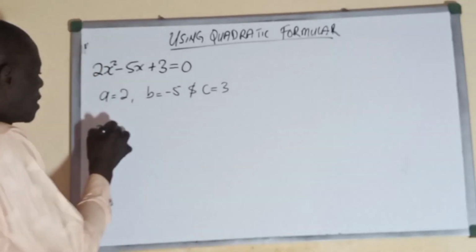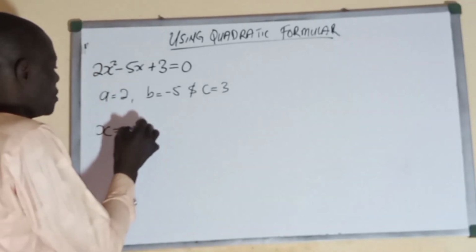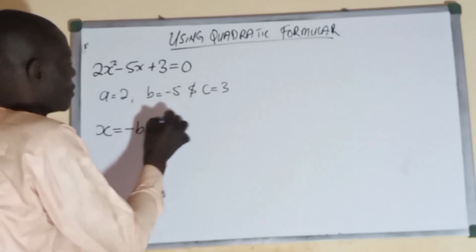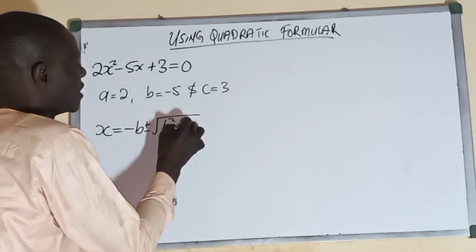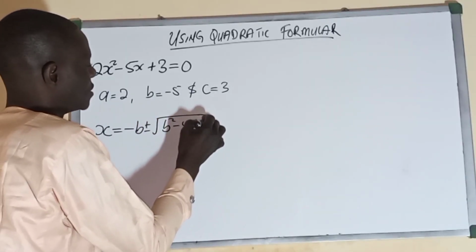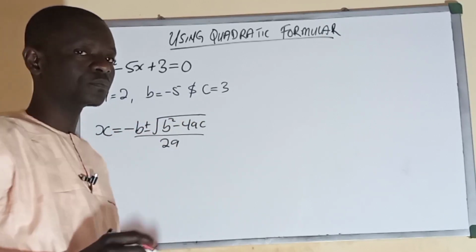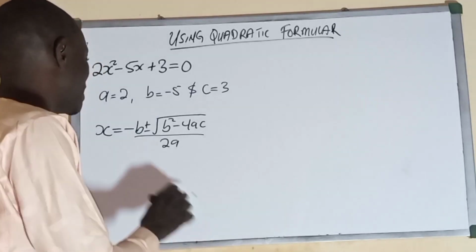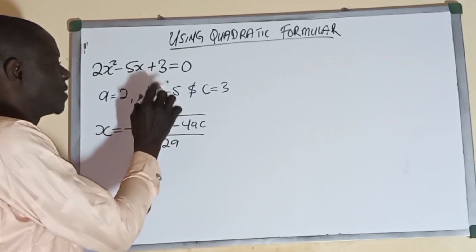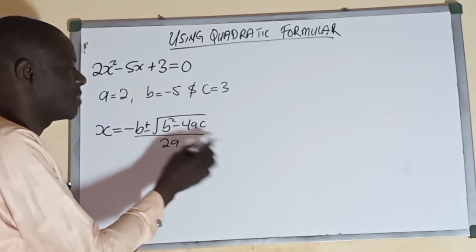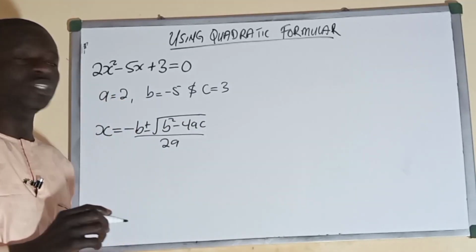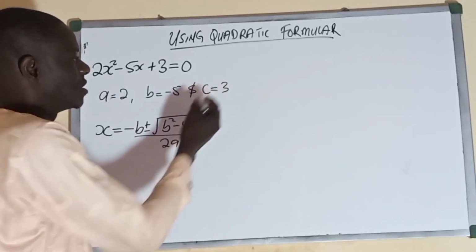So here we have x equals minus b plus or minus the root of b squared minus 4ac. That is our formula, all over 2a. Are we following? So wherever we have b, we change it with minus b, and where we have a, we change it with 2, and where we have c, we change it with 3.